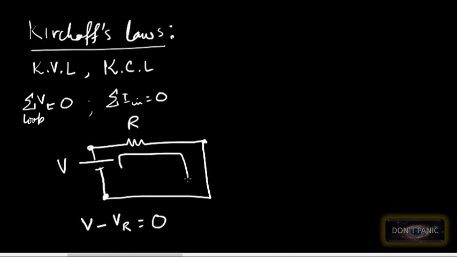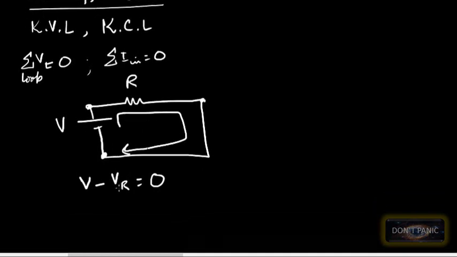That's because the current is flowing like this. Whenever you're going in the same direction as the current, your voltage drops. That's why there's a minus sign here and a plus sign here. If you like the opposite sign convention, that's fine, you can use that. This implies that the voltage across the resistor is the voltage of the battery.